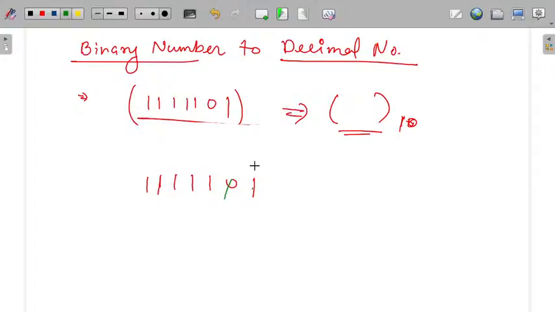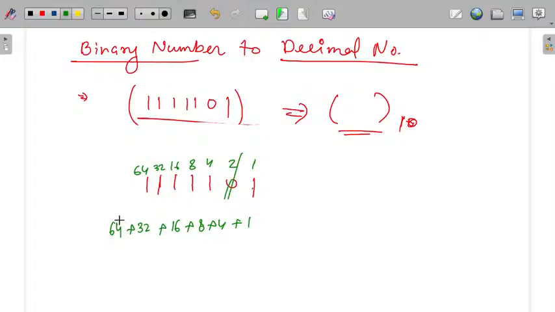Okay, here 1 2 4 8 16 32 and 64. Now cut this. Now here 1 plus 4 plus 8 plus 16 plus 32 plus 64.